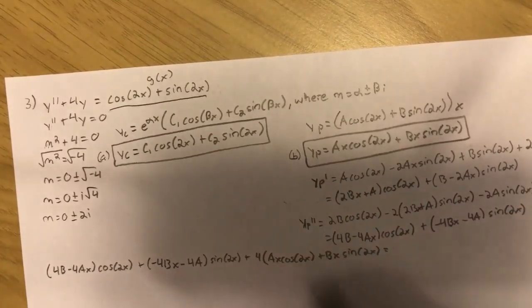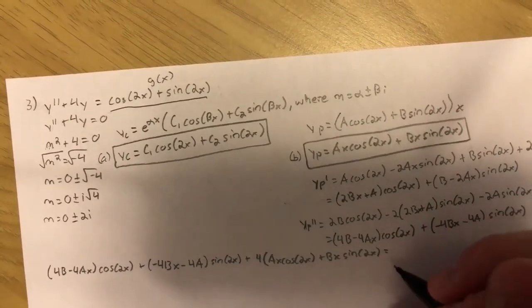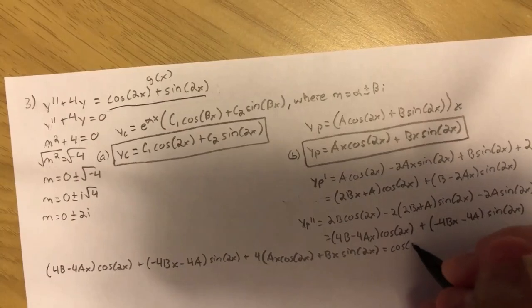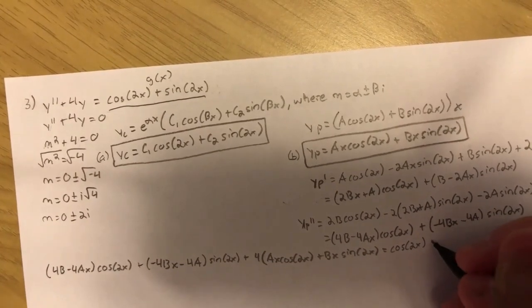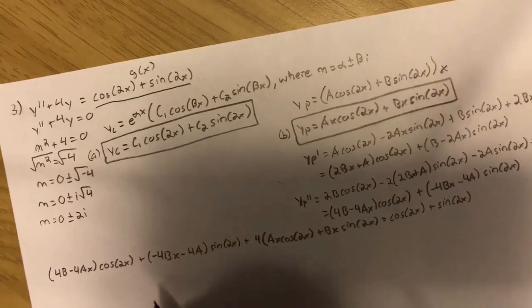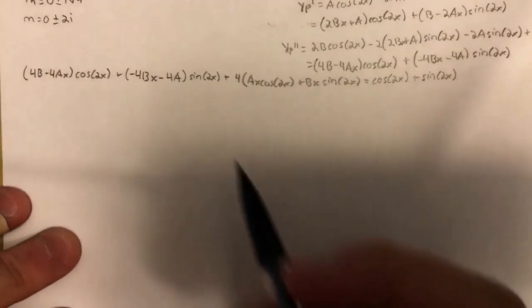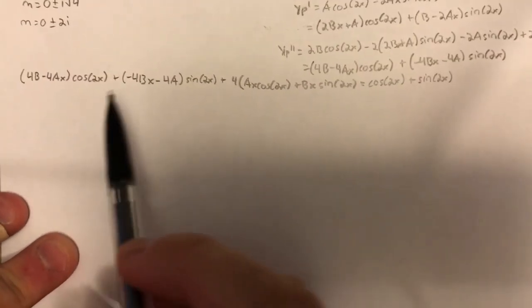Now you could just leave this like this and just condense it. I like to write what it's set equal to, just so I don't forget. Plus sine of 2x. So now, if you look closely here, you should be able to cancel, possibly, right?